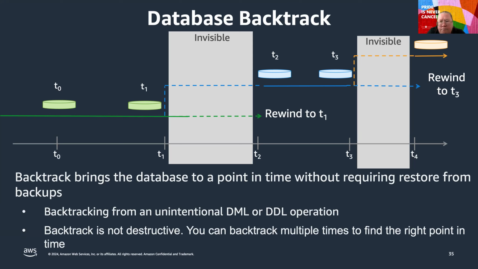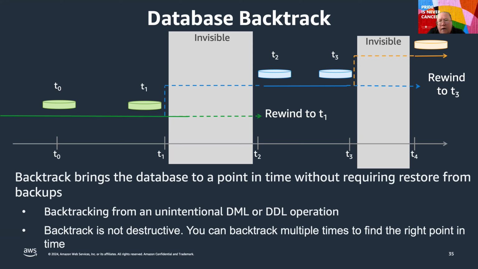And basically what happens is, once you start backtracking your database, restoring a database cluster to a point in time actually launches a new database cluster and restores it from backup data of the database cluster snapshots that we talked about.